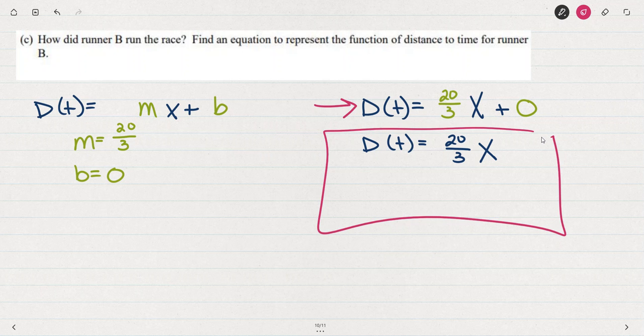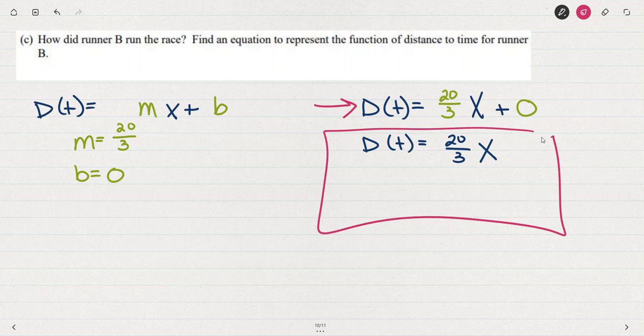Did you notice that that 20/3 is going to be a representation for how fast that runner was going? Because speed, or velocity, has to do with our change in distance, how far you've gone, in relationship to how much time has gone by.